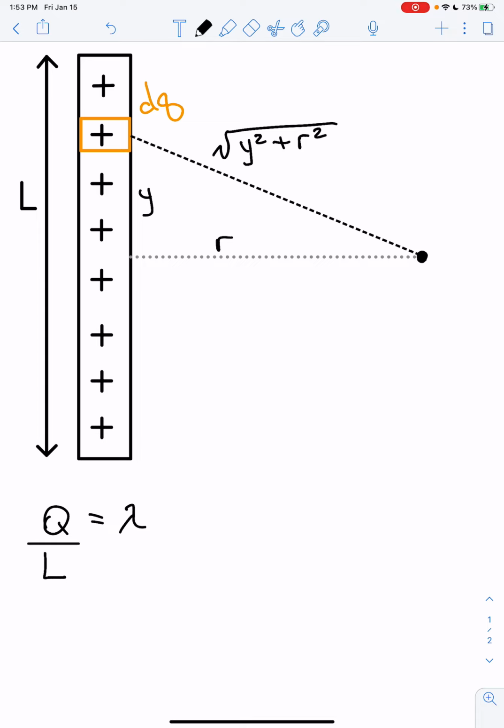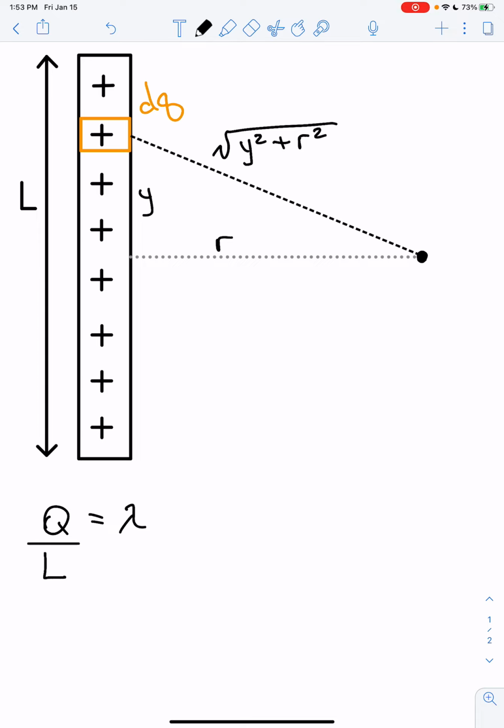That density enables us to figure out how much charge is in any little dq that we might define. Of course, we'll need to have some sort of dy or dl that is the length associated with that as well.